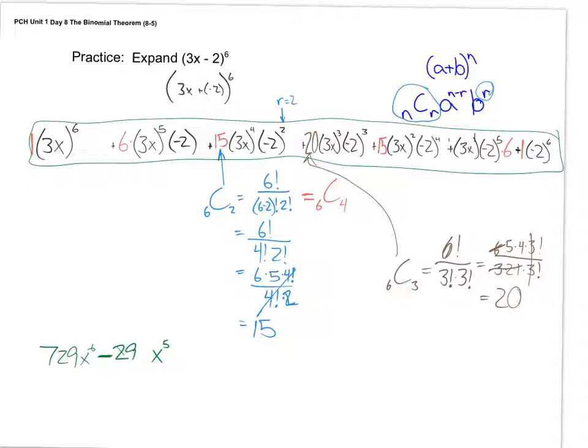Is that right? I got 2916. You got 2916? Yeah. Okay, I'm doing it in my head. You guys have the calculators, so double check me. All right, so we have 2916 x to the 5th.